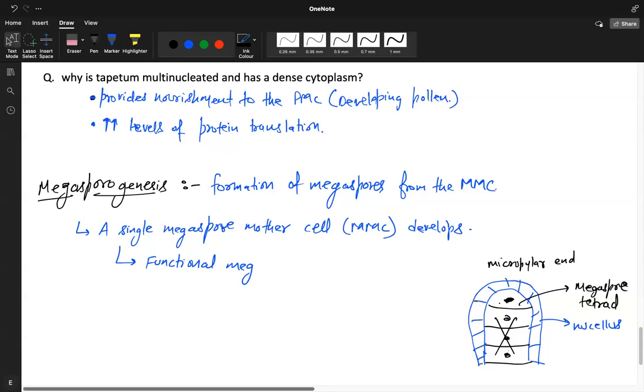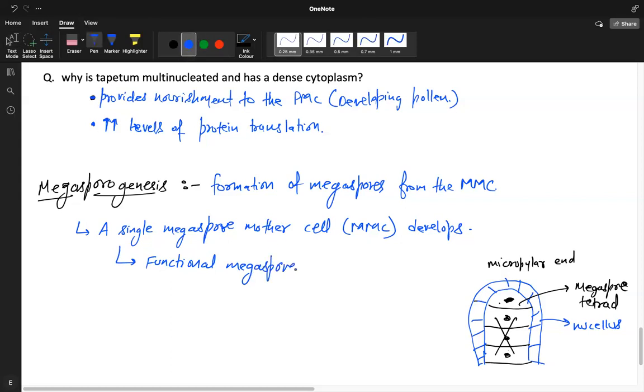So it's a signaling based selection, the cell closest to the micropylar end, because that makes sense. You don't have to displace any other cell. You can just degenerate these, because the cell which is developing is already at the micropylar end, so it can start growing. When these 3 degenerate, this space will be empty and it can start growing in this space to make the embryo sac. Is that clear?